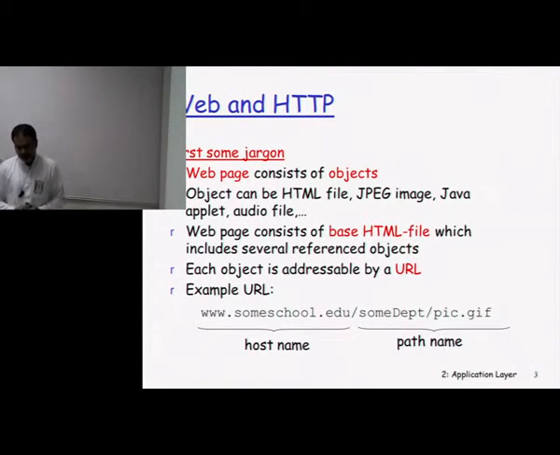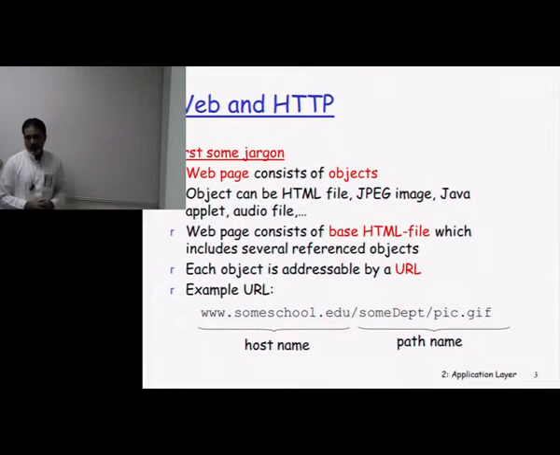A web page also consists of a base HTML file, and it could include several referenced objects as well. Each object on the web page is addressable. You can address it by a URL, Universal Resource Locator.